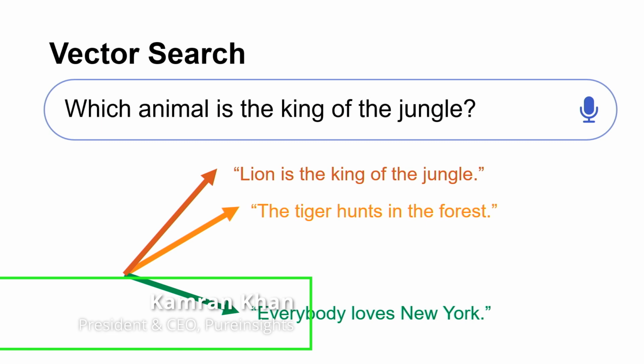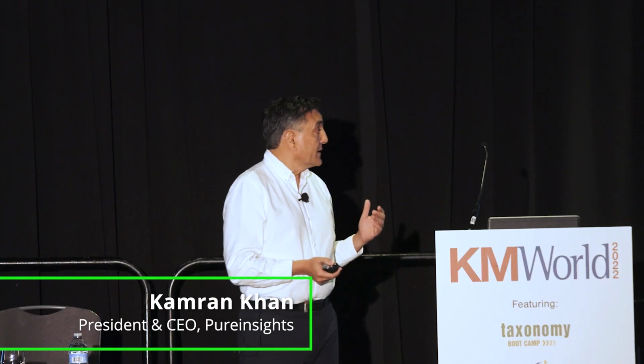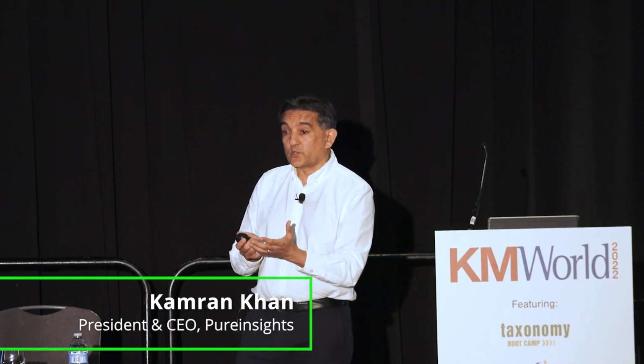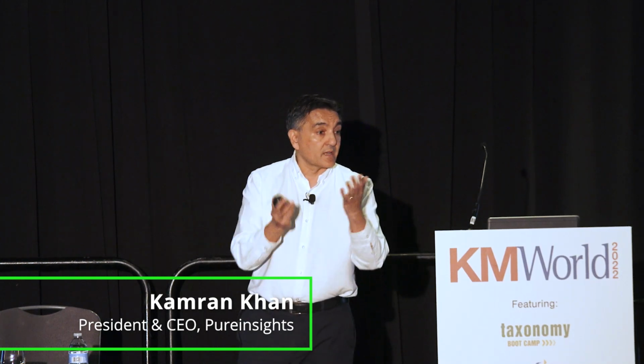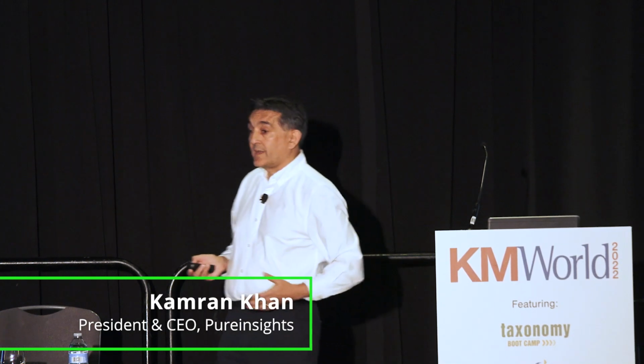And what's happening is we are looking at the vectorized question, and we're trying to find the closest matching vector that is in the machine learning algorithm. So lion is the king of the jungle is the closest to our question, right? So we're not using words, we're using ones and zeros to connect the question to this answer that exists in this corpus.